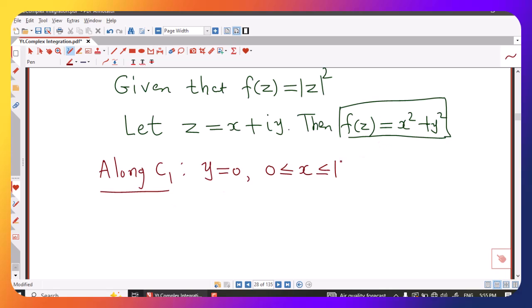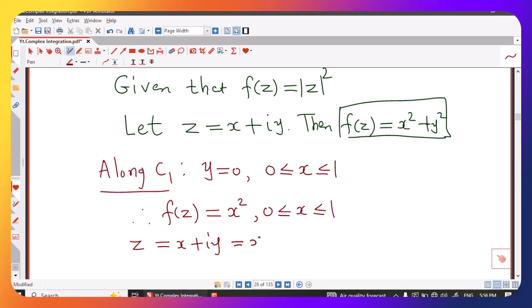So if we put y equal to 0 in f of z, we have f of z equal to x square, x is in between 0 and 1, and our z is x plus iy, but y is 0, so z becomes x, therefore dz by dx is 1, and therefore dz equal to dx.